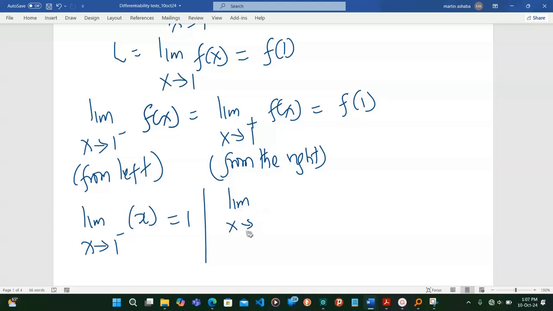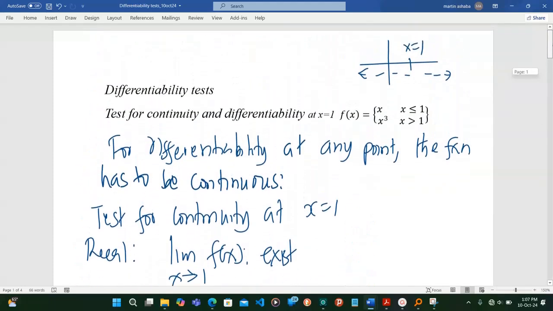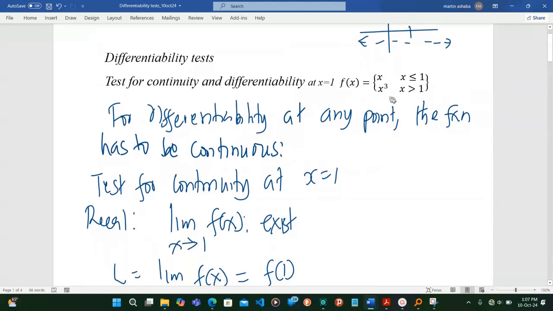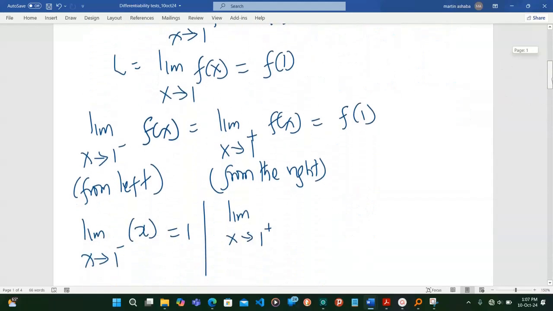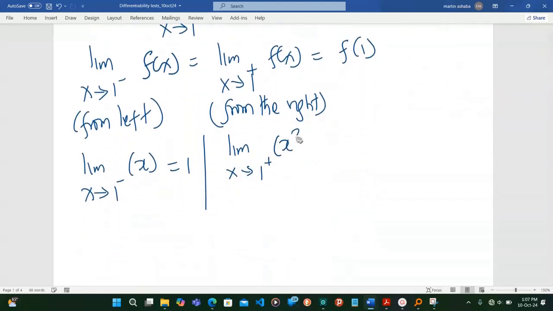So what if we take the limit of the function f of x as x tends to 1 from the right? What function are we taking? It must be x cubed. So if I put in 1, this is equal to 1.